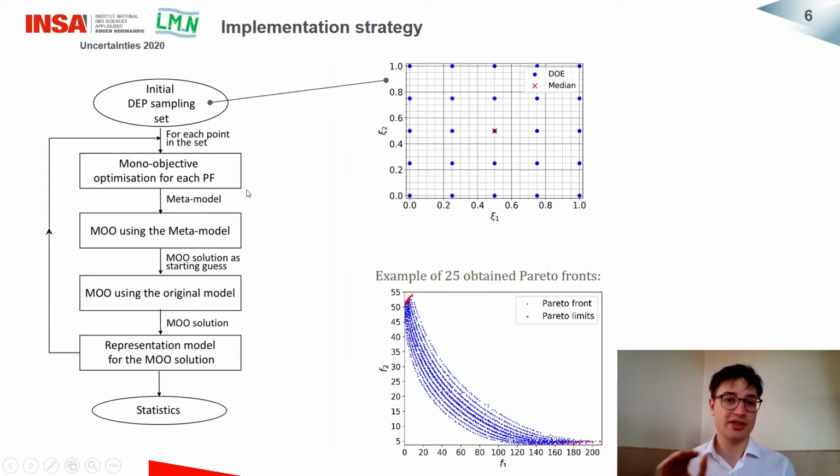Then all of this data that was calculated is used to create a meta model. A multi-objective optimization is performed on this meta model in order to get the first approximative Pareto front, which will be used as an initial solution for multi-objective optimization. And this gives us an opportunity to obtain converged and nice Pareto fronts, as you can see on the figure here.